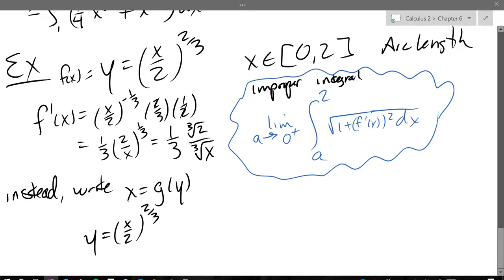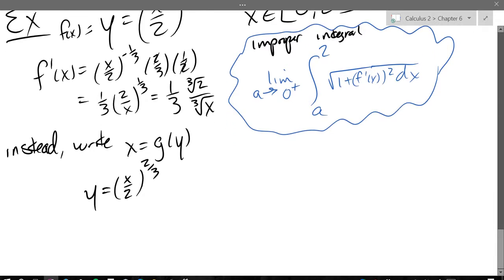All right, algebra question. How do I solve for x? What's the first thing I deal with? Power. I have a 2/3 power, so I do a 3/2 power to undo it. Don't do a negative 2/3 power. That would be improper in a different sense.